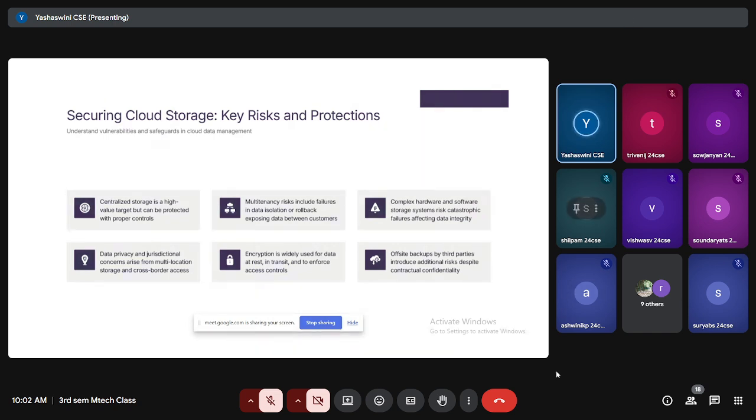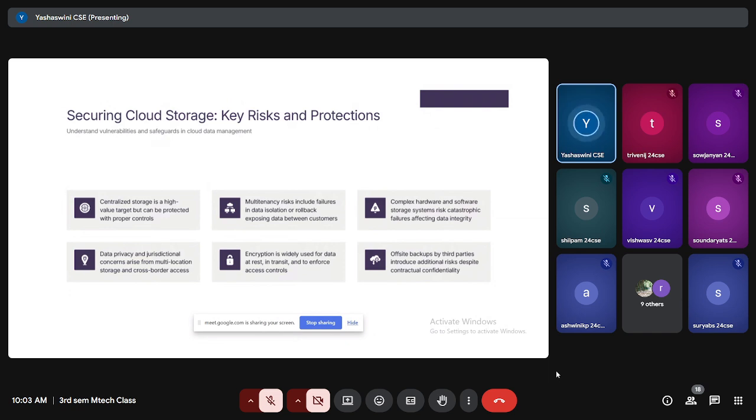Then complex hardware software systems: if there is any catastrophic failure, important data can be affected during data integrity, and this can also be a potential risk. So what are the risks? The risks are centralized storage, then multi-tenancy, then complex hardware software, which can have a risk of catastrophic failure, right? So these are the key risks for securing the cloud storage.